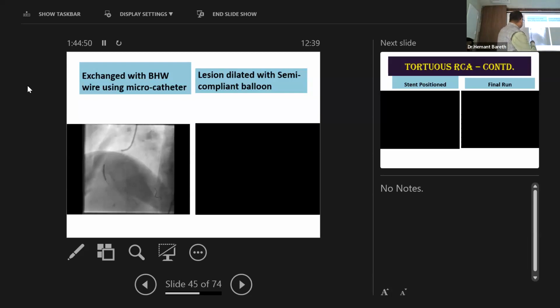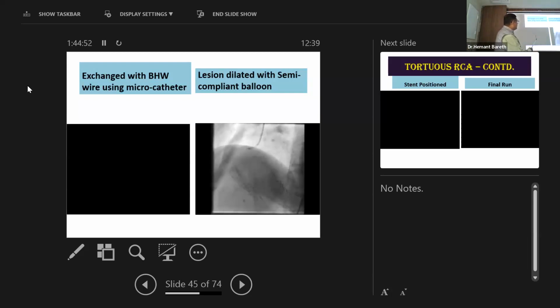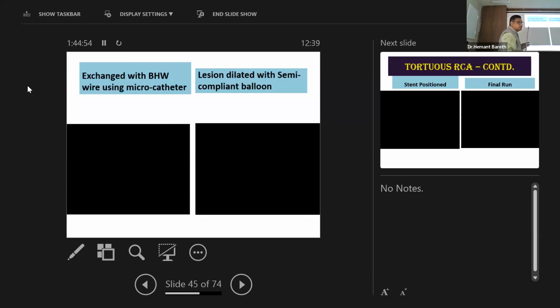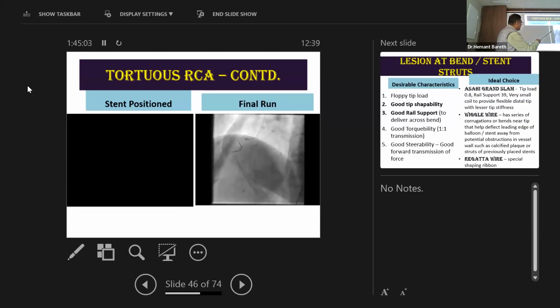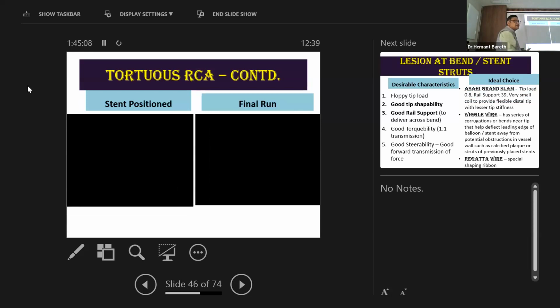And after that it is exchanged with a balanced heavyweight wire over a microcatheter, and the lesion dilated with a semi-compliant balloon. Just understand this, and then the stent is nicely positioned, and again the final run, and you will see that it's nicely stented.